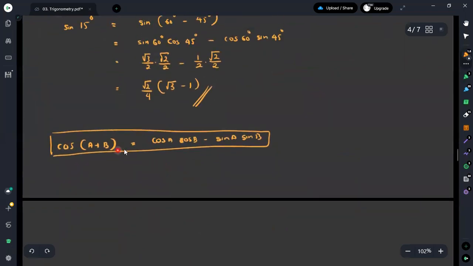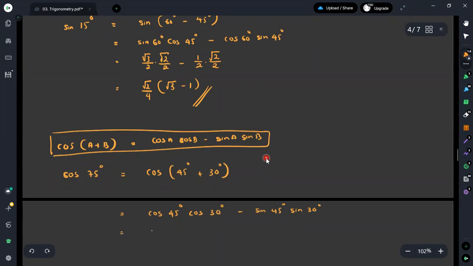If we take the same kind of example as before, the cosine value of 75 degrees, using the compound angle formula you can write this as cosine(45 degrees plus 30 degrees). Then cosine a cosine b minus sine a sine b becomes cosine 45 times cosine 30 minus sine 45 times sine 30.